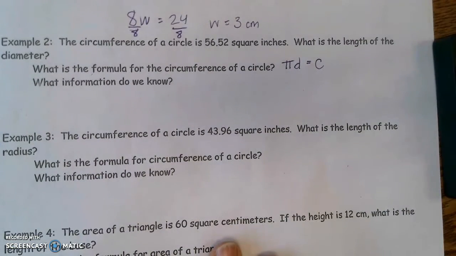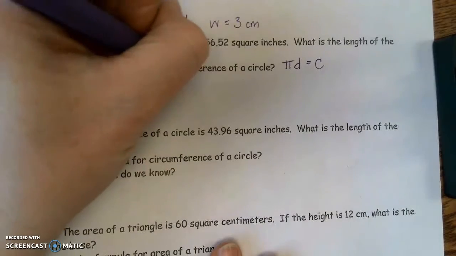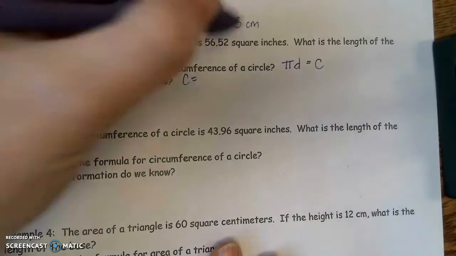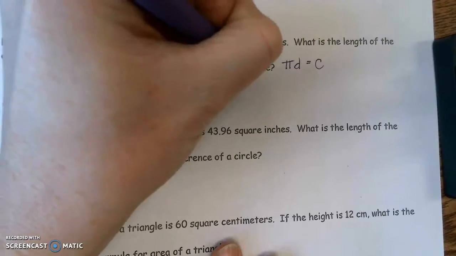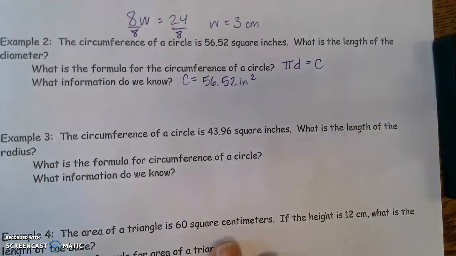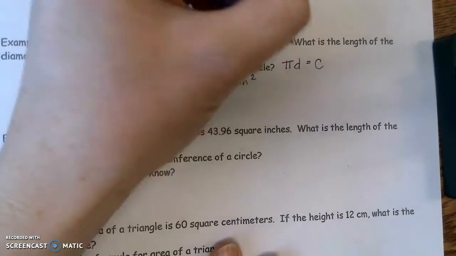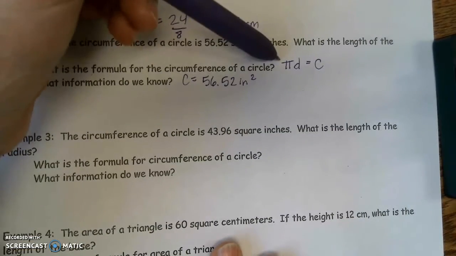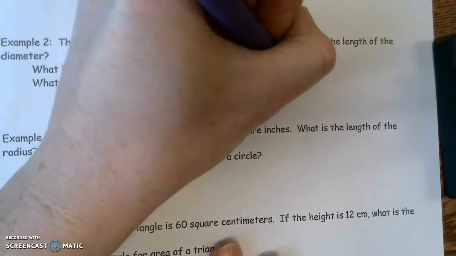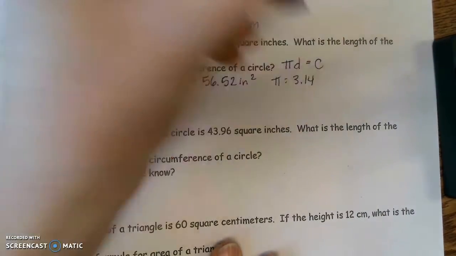The information that we know is that the circumference, we were told, is 56.52 inches squared. We weren't told this, but we know that the value of pi is equal to 3.14.